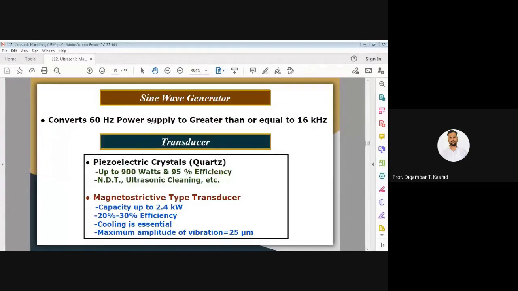The maximum amplitude of vibration you can obtain with this type is up to 25 micron, because we require high ultrasound frequency but low amplitude of vibration. For that purpose you can go for the magnetostrictive type transducer.